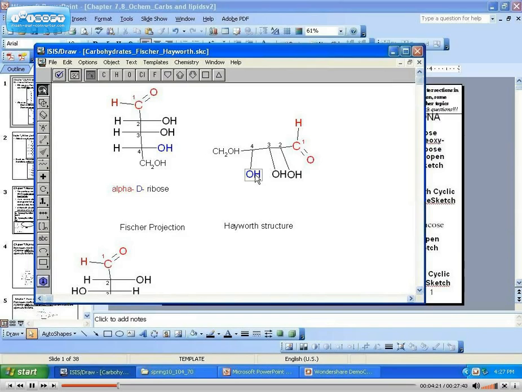Next thing we're going to do is start to create this Haworth structure. This entire thing is going to start wrapping around. So I'll show you it wrapping around like a transformer.